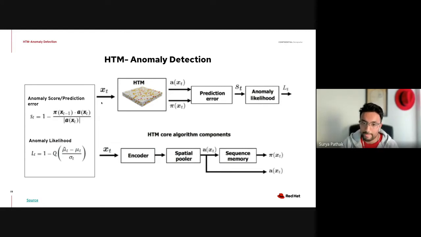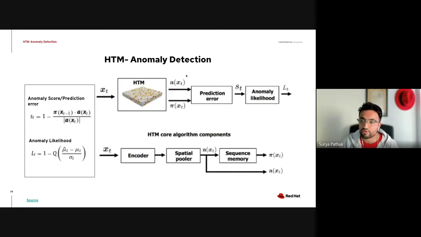So if we take the anomaly score as the instantaneous anomaly, the anomaly likelihood can be regarded as a much more concrete standard for detecting anomaly, which takes the order of past timestamps into account as well.